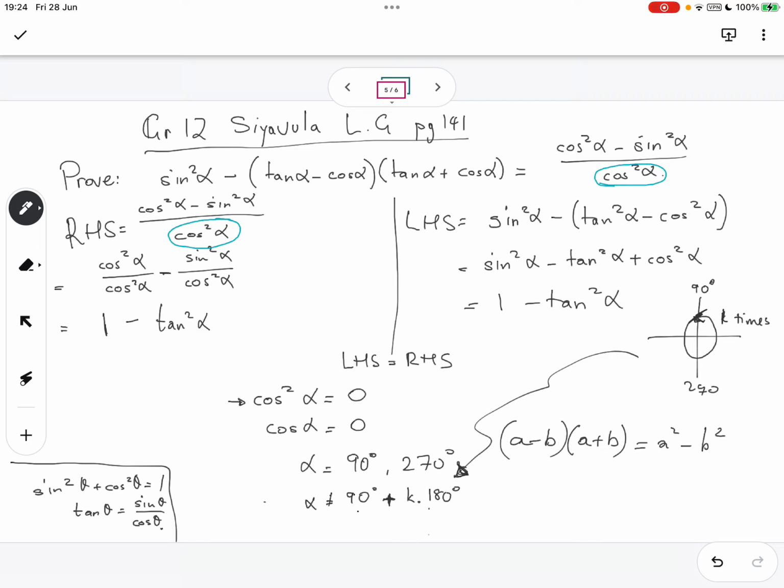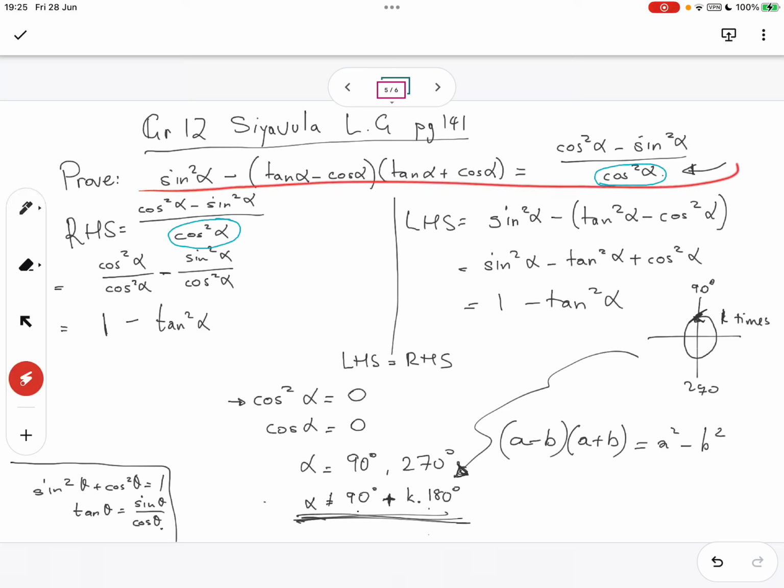So however many times on the vertical axis, the y-axis, where cos will always equal 0, we shouldn't have alpha equal that. So we must always put up that restriction to show that we understand that if this denominator gives us 0, then this whole expression doesn't make sense.